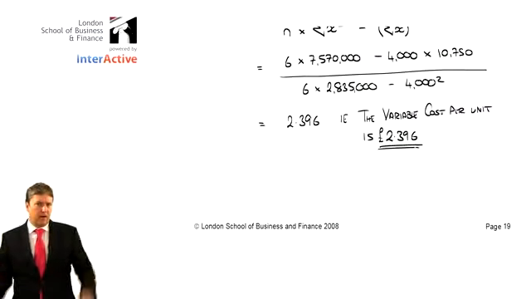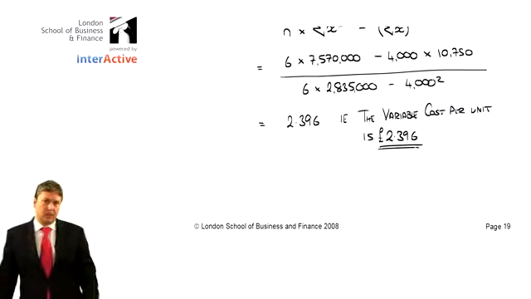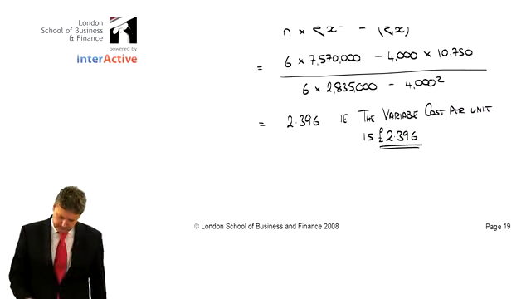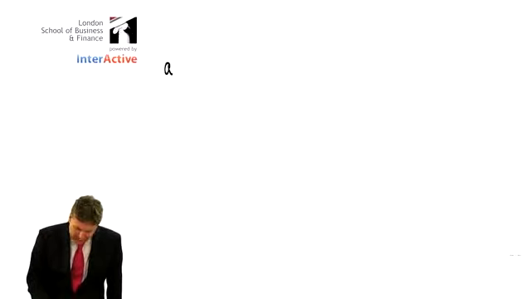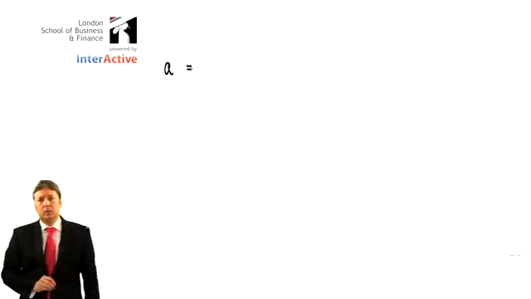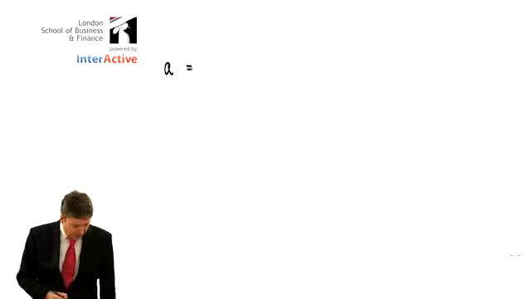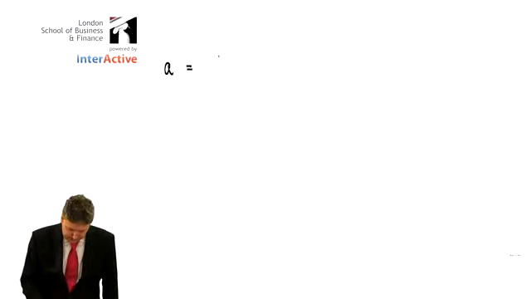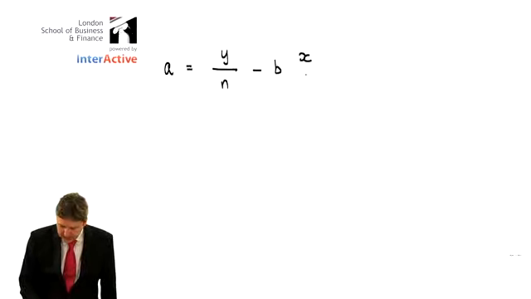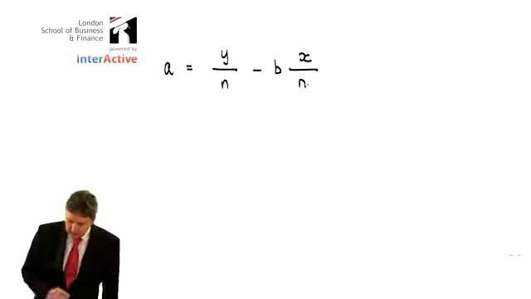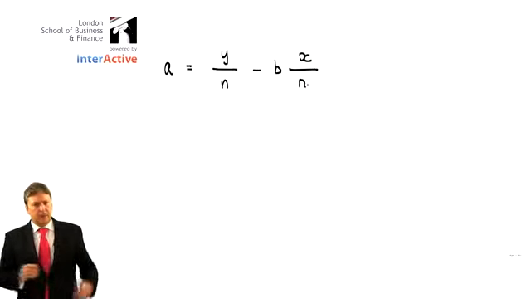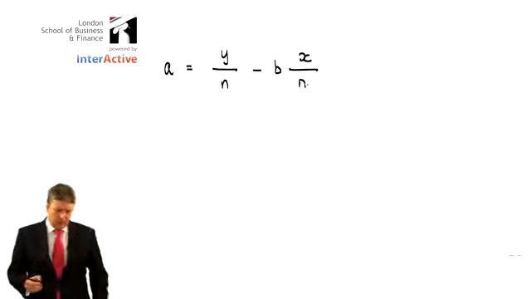Once we've got the variable element, then we can establish what the fixed element is. If we look at A, well, remember, we've got our B factor. We needed that first of all. Now we can look at A. A is where we take Y divided by N minus BX divided by N. Well, okay, let's just make sure we got it the right way around.